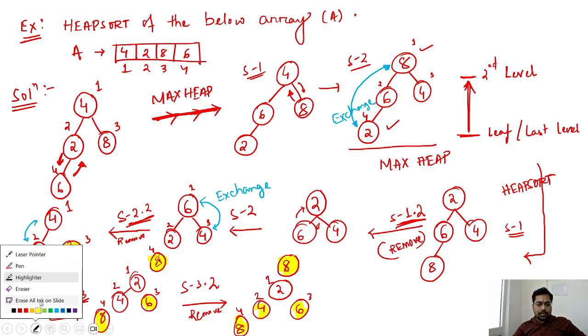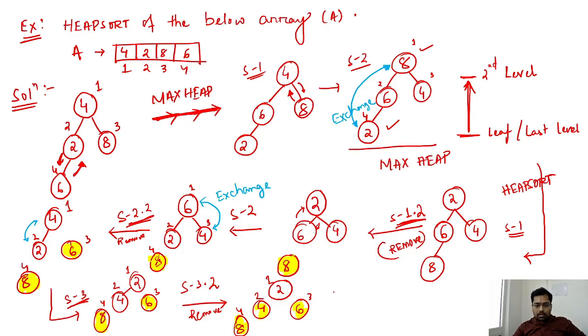After running 4, at step 4 only one element is there, so no need to write it. The same thing you write after running for 4.1. So it's step 2.1, step 3.1, 4.1. You can remove it, so the correct answer will be 2, 4, 6, then 8.